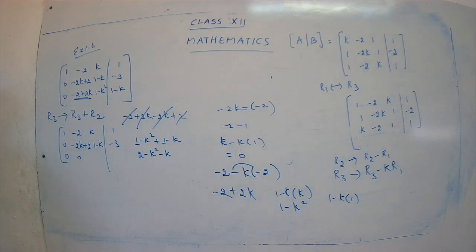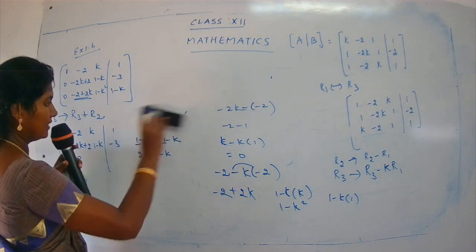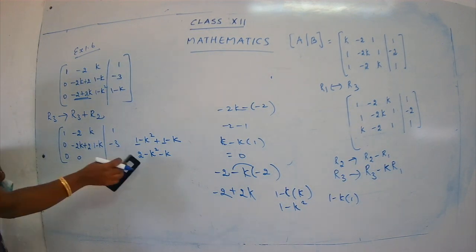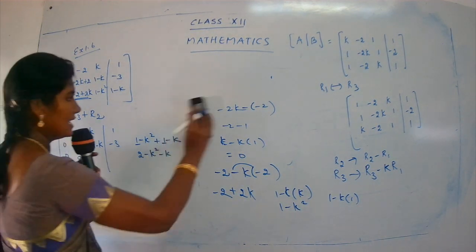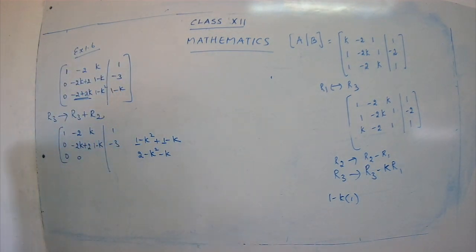Okay, children? So what I am going to do is try to write this in the form of factors. I am going to factorize it and write down the values over here. Do not just copy as 2 minus k square minus k. Let's try to factorize and get the answer. So just put your pens down and listen to me carefully, children.